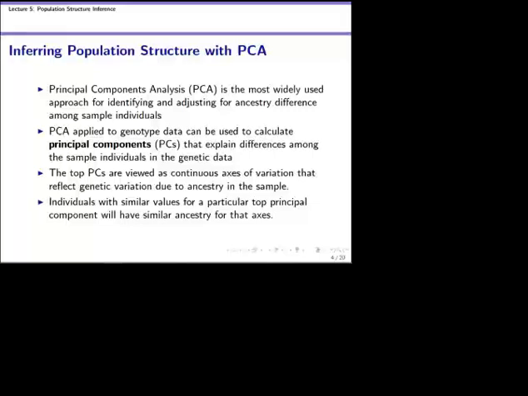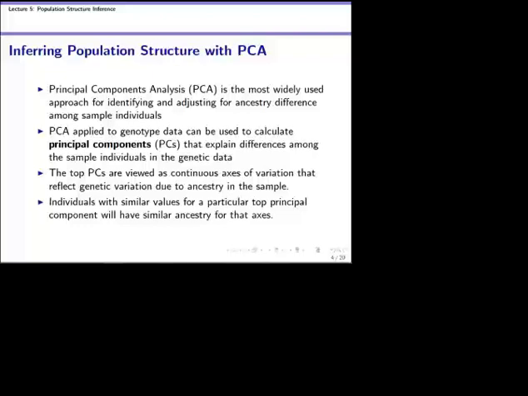Okay, so PCA can be applied to genotype data, where you calculate principal components that explain differences among sample individuals in the data. And so the idea is the top principal components along certain axes of variation are supposed to reflect genetic differences in ancestry along that axis. Okay, so individuals with similar values for a particular top principal component are expected to have similar ancestry for that axis.